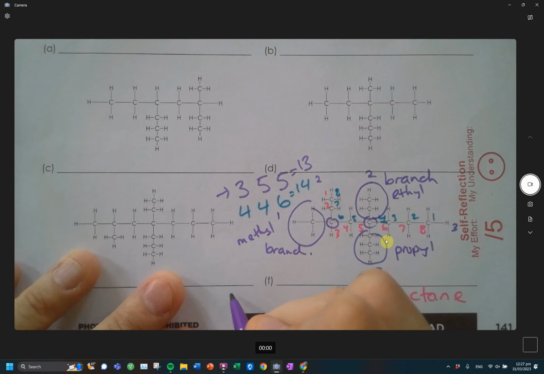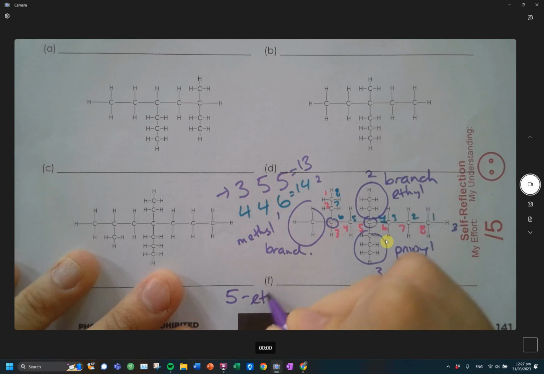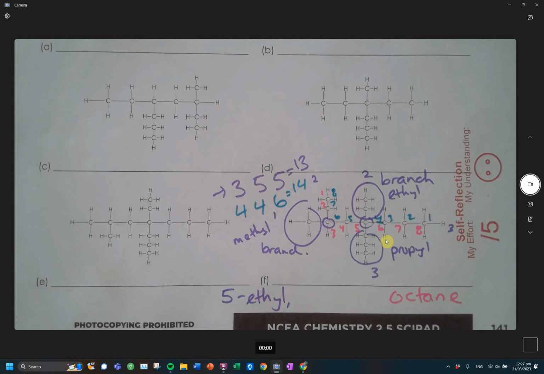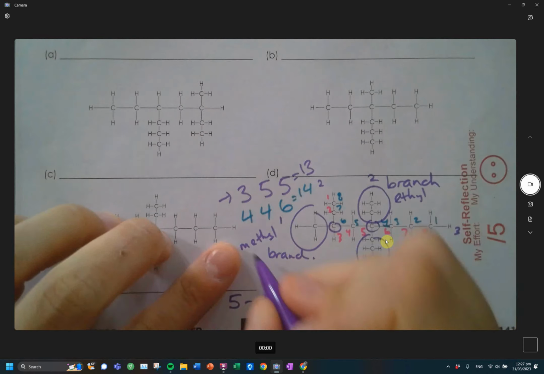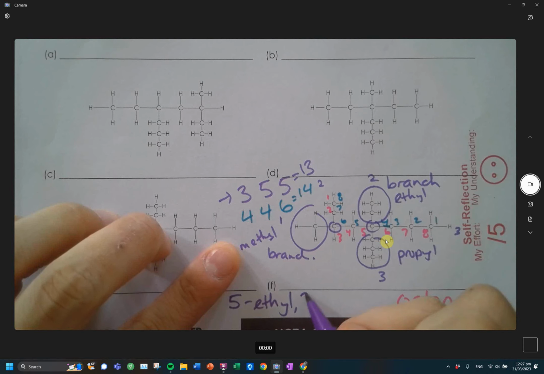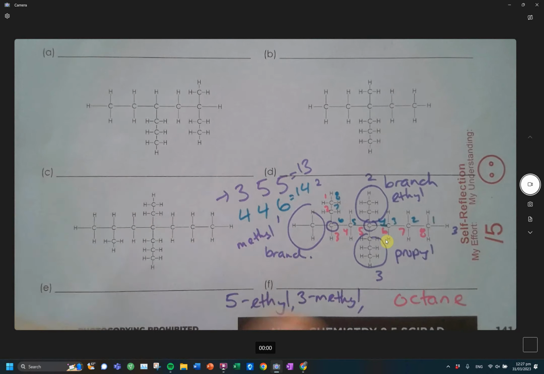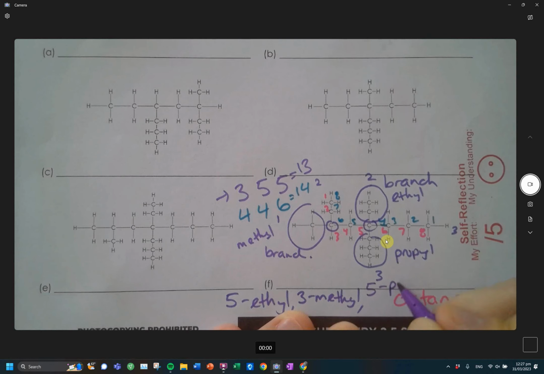So we have 5 ethyl. Then what's first, M or P? M. So that is on carbon number 3. 3 methyl. And then what's the propyl on? Carbon number 5. So 5 propyl.